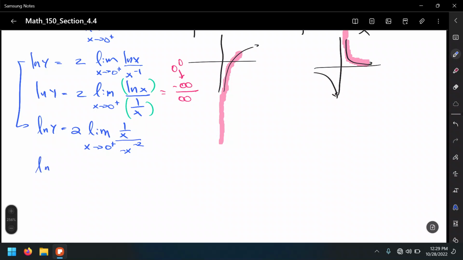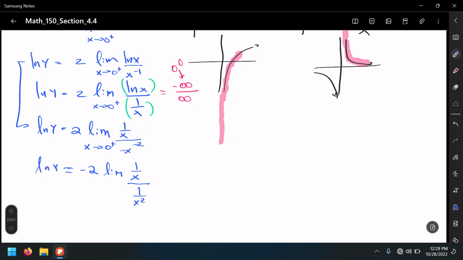So ln y equals negative 2 times the limit of 1 over x being divided by x to the negative 2, which is 1 over x squared.